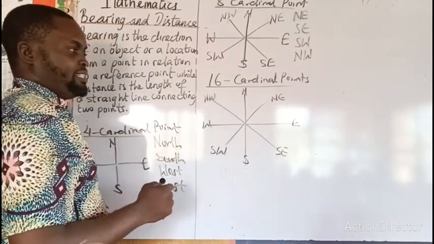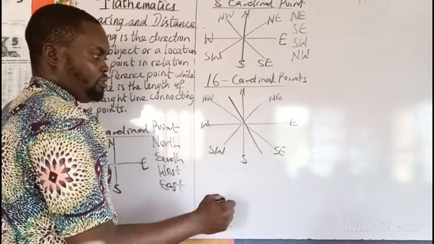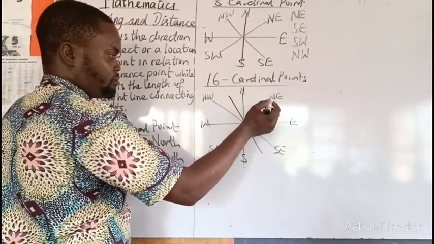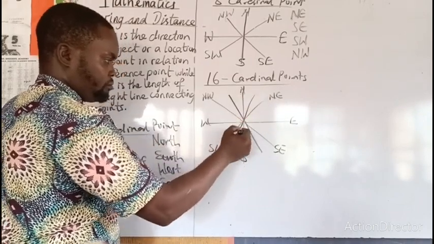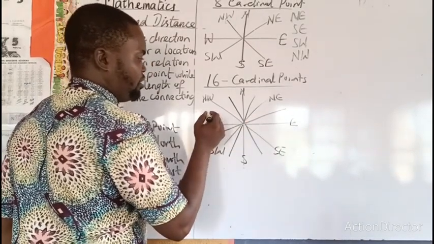Now we want to form our 16. What are we going to do? We divide this also. We divide each of them.